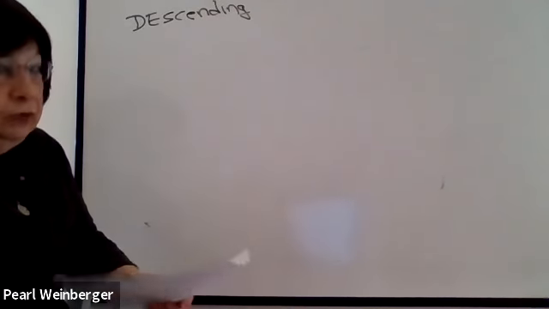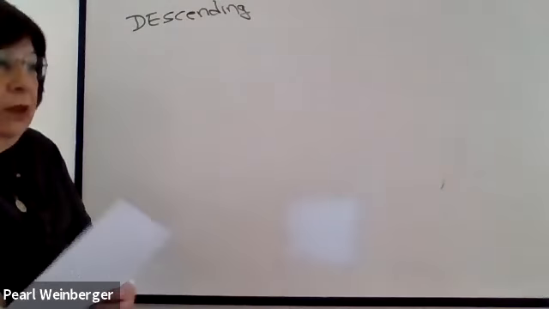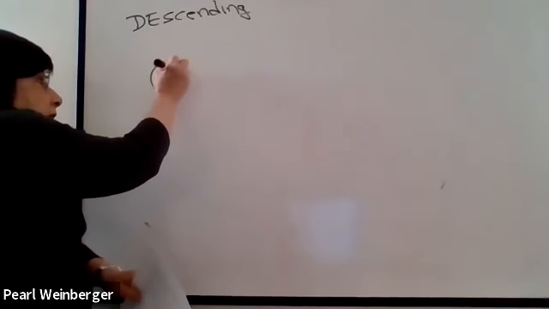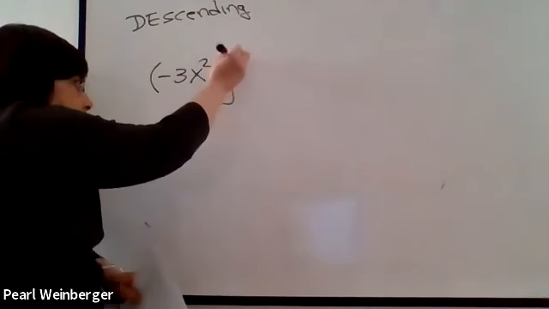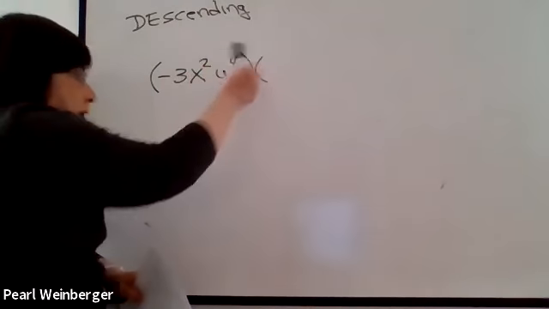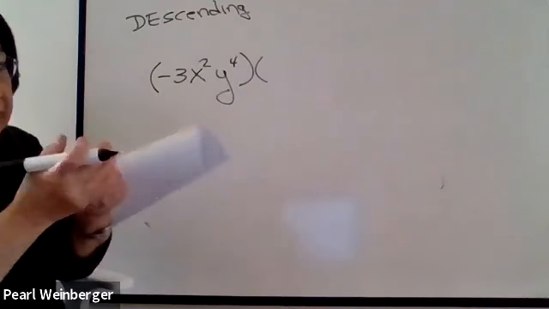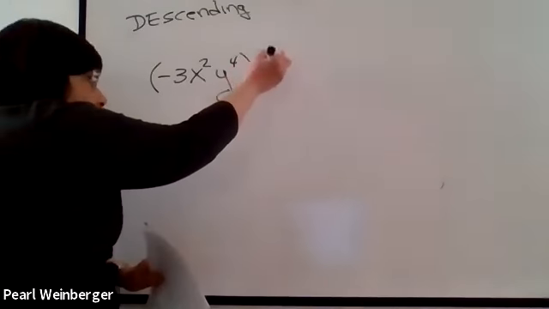Remember, for adding and subtracting, you can only combine them if the terms are alike. But if you're multiplying, let's say I have -3x² y to the 4th, and I'm multiplying. Now I could either put a dot in between them, or I could just put them right next to each other. Two parentheses right next to each other means that we're multiplying.